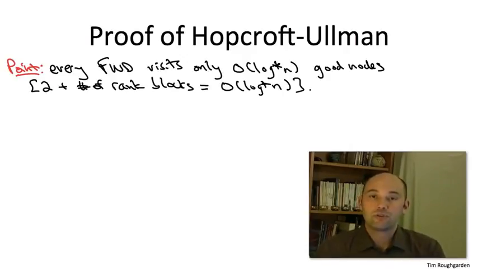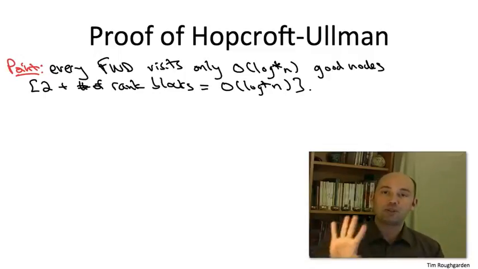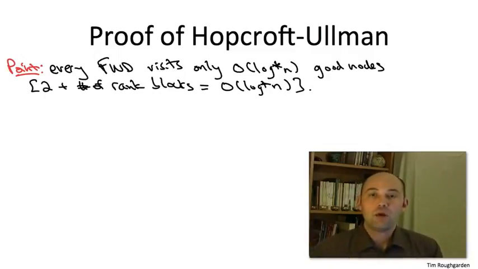What about the other good nodes that you encounter on your path? Well, by definition, when you visit a good node, the rank of its parent is in a bigger rank block than the rank of that node itself. That is, every time you traverse a parent pointer from a good node, you will progress to a subsequent rank block. Well, there's only log star n rank blocks, so you can only progress through subsequent ones log star n times, so the total number of good nodes you're going to see is big O of log star n.